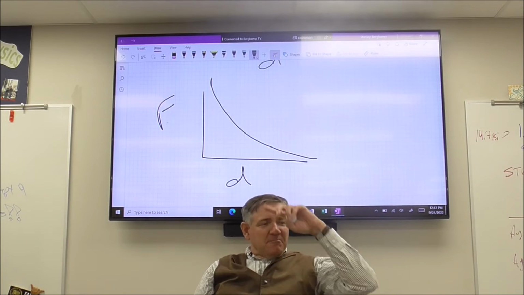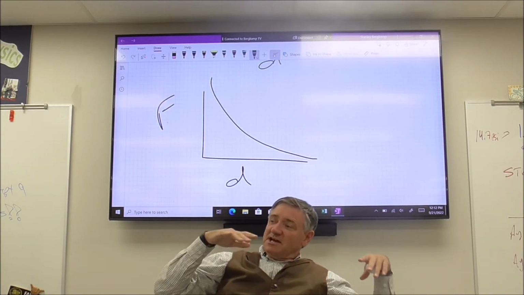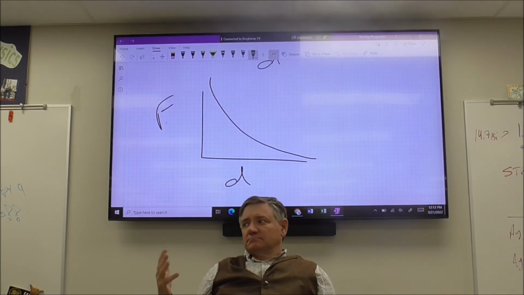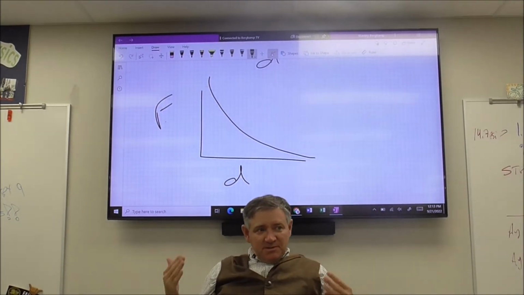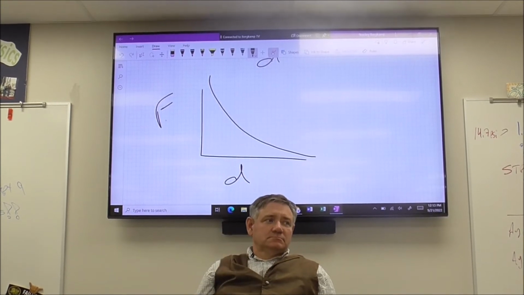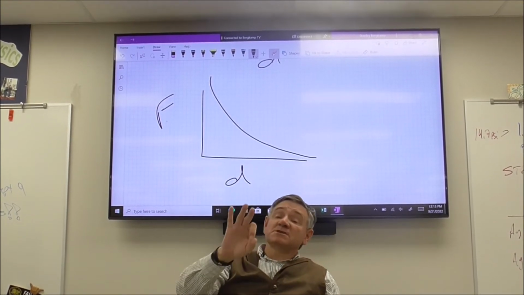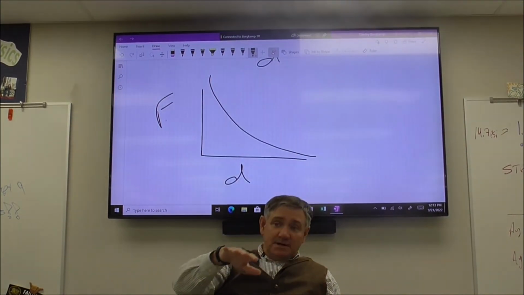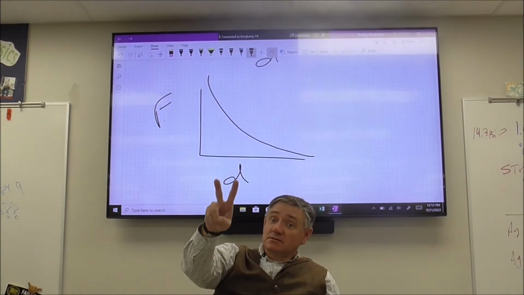Now, hydrogen has a certain amount of mass, and that's the other kicker. If you look at how our universe played out, what are the three big subatomic particles? Electrons, protons, and neutrons.